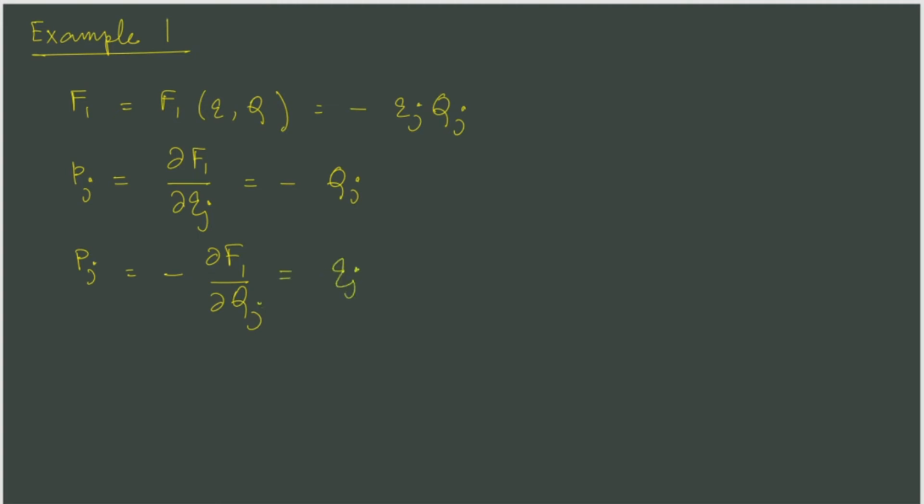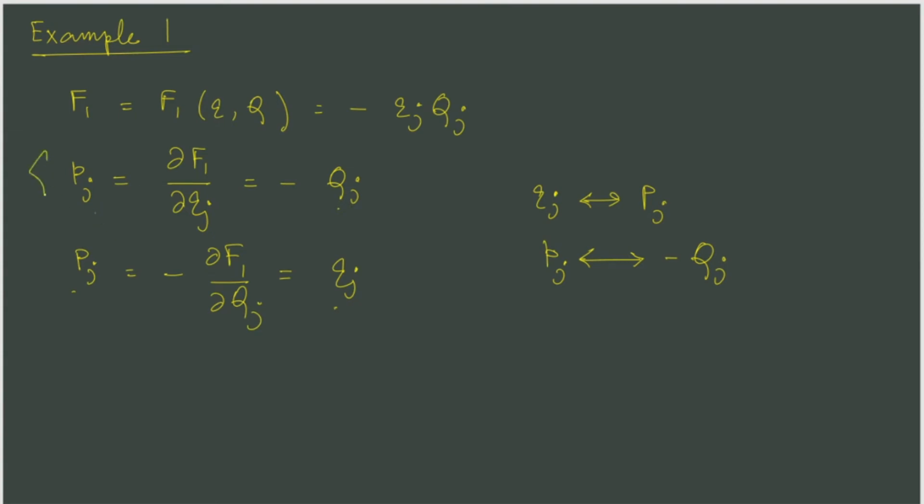And that's it. So we just interchanged the role of position and momentum. Our new momentum is the old coordinate, and the new coordinate is basically the old momentum.